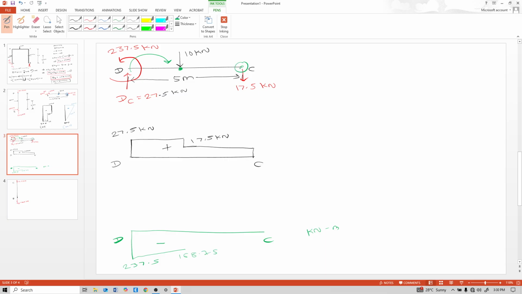Now calculate at this point: minus 237.5 plus 27.5 into 5 minus 10 into 2.5. It is minus 125 kilonewton meter.